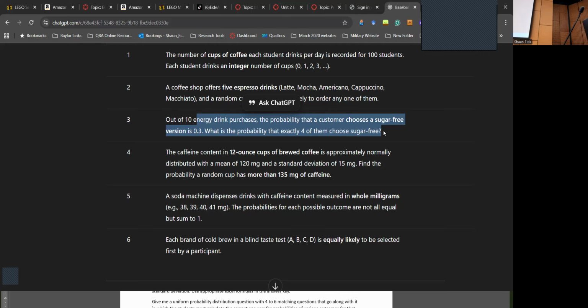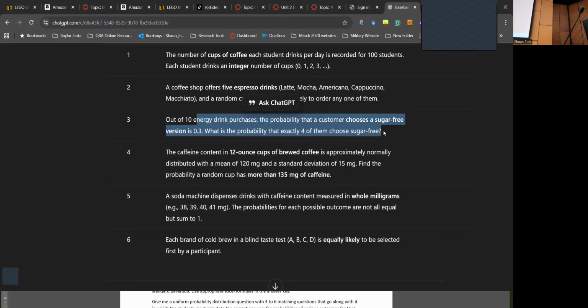Now, the funny thing is this isn't actually discrete, but the way that it's set up, it's discrete, because it gives it in whole numbers and it has it all over the place. But technically milligrams is not discrete, it's continuous, but they use it as discrete. Once again, I wouldn't do that to you.